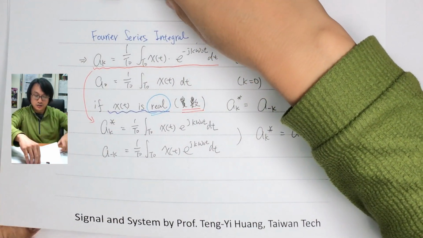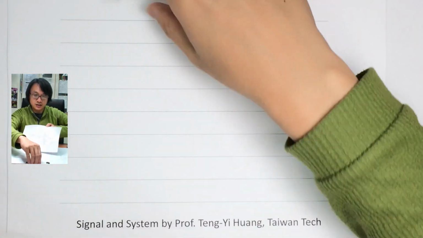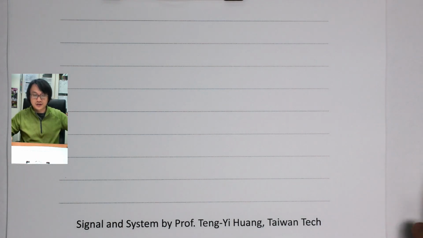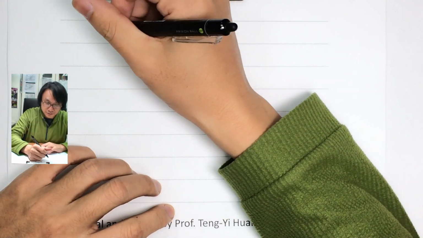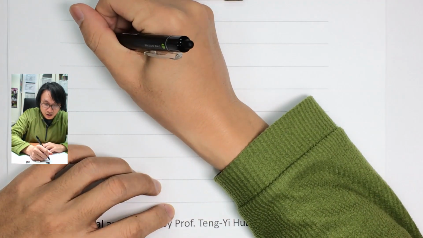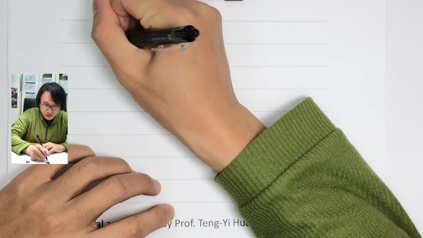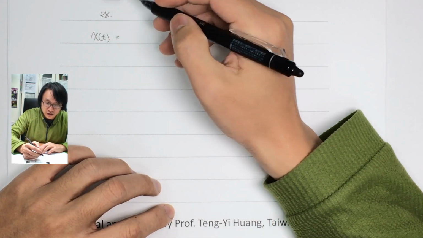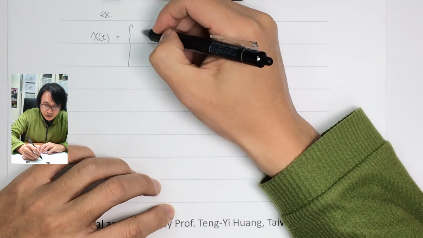Alright, next let's practice with an example. We'll use a square wave, a signal x of t. Here's the example. It's either 1 or 0.